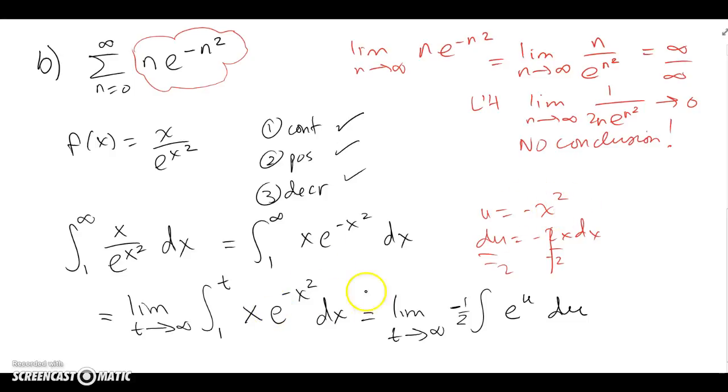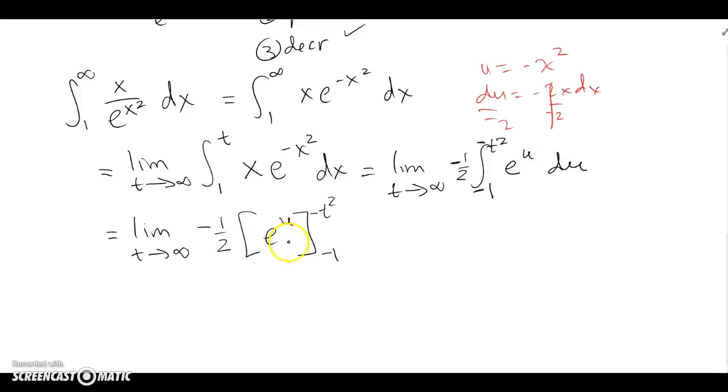Using this u sub, we've got e to the u, and then the x dx got replaced with negative 1/2 du. At this point, I'll change my limits of integration. When x is 1, u is negative 1 squared. And when x is t, u is going to be negative t squared.